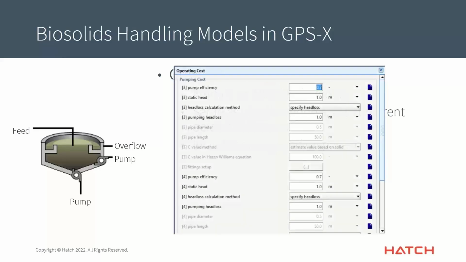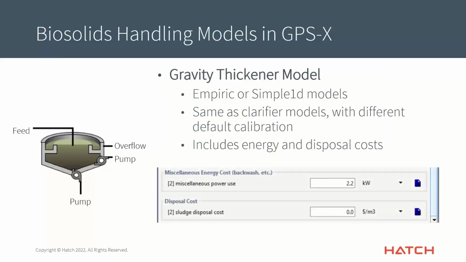So if you go to the input parameters operating cost menu, you'll find all these details here where you would enter in stuff about the energy usage, pumping of the sludge. And then here at the very bottom of that menu, the miscellaneous other power use, for like rakes or arms or whatever, and then sludge disposal cost, which you may choose to associate with this object, or maybe you're going to send it off to the truck and you can associate the cost over there.